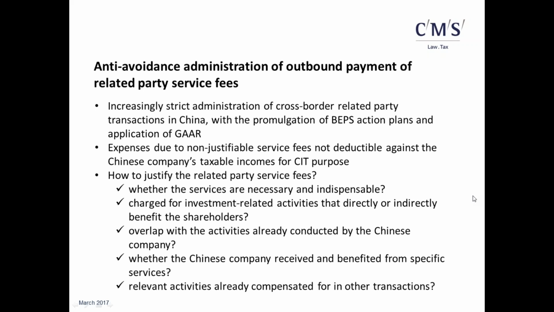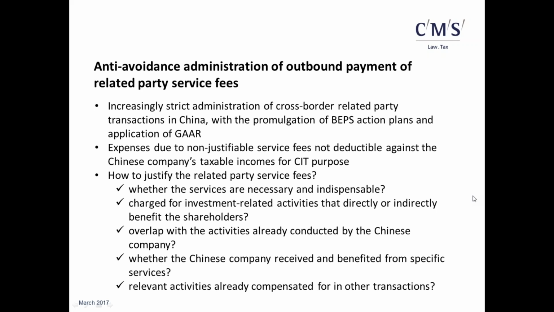Because they are in the loss status, how can you convince the tax authorities that they actually benefit from services? If they benefit from services, they should be profitable. They should get very good operation status. But now they are poor, right? So it will become a very big challenge to the foreign enterprises under such a circumstance.